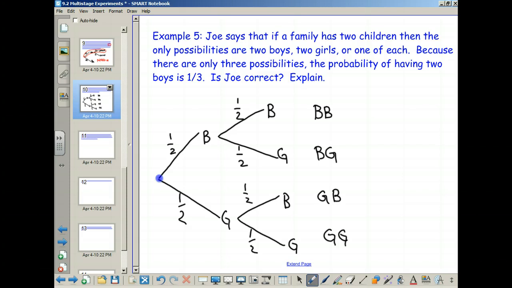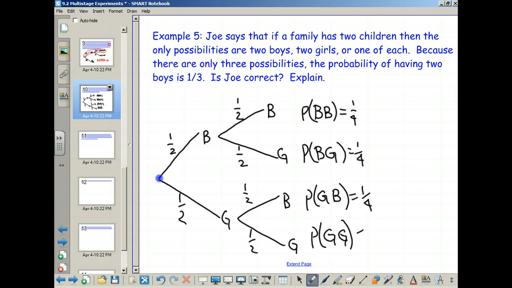There's 2 different ways we could end up with a boy and a girl, and that's what he's overlooking in his simplified analysis of the possibilities here, right? And each one of these, as we talked about before, has a probability of what? They're all a probability of 1/4. Because we would multiply along every branch.